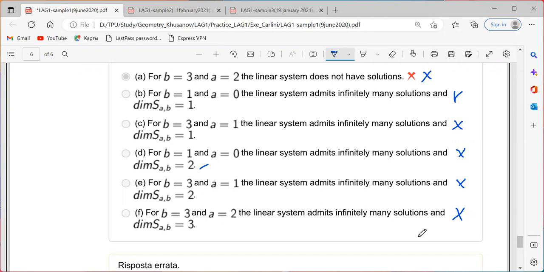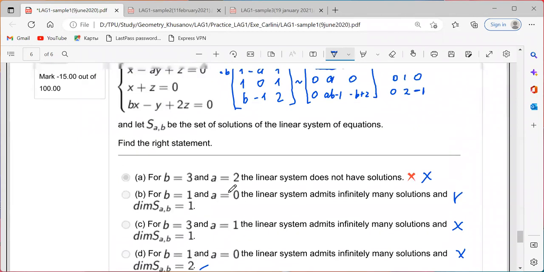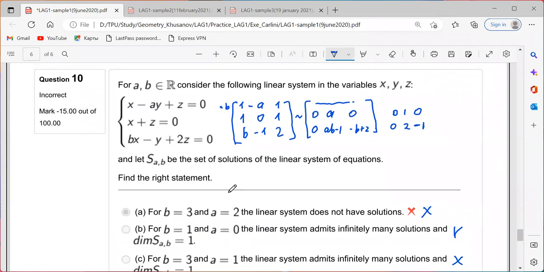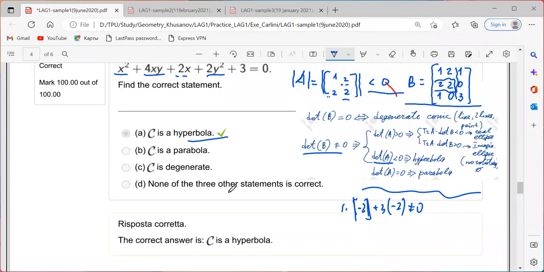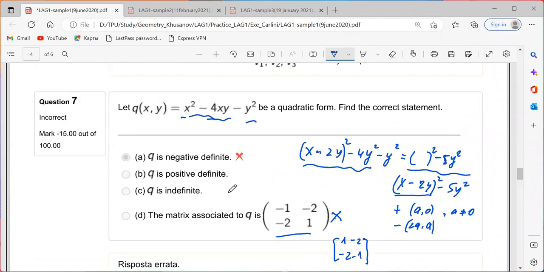And one more thing, are our points subtracted if the answer is incorrect? Yes, yes, you will have a penalty. I don't remember now exactly what the number of the penalty will be, but you will have some kind of penalty.